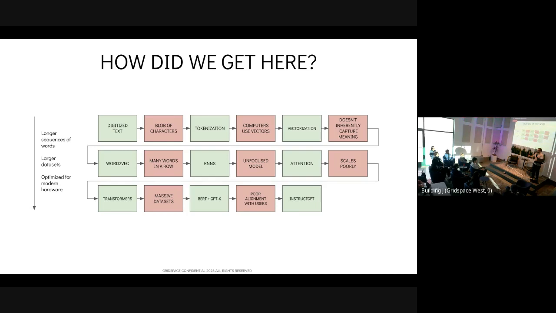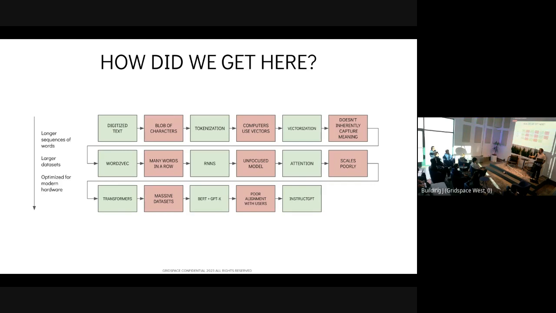We get language into the computer using some sort of encoding, ASCII, Unicode, but we have a string of characters. And Phoebe talked about what is a word and how we split text into words, or even split words into morphemes. And Sophia talked about how we can start to add more meaning. And so the next step is we have this blob of characters, and we want to get it into tokens, things that potentially have meaning. And so that's the process of tokenization. And we covered some of that earlier this week.